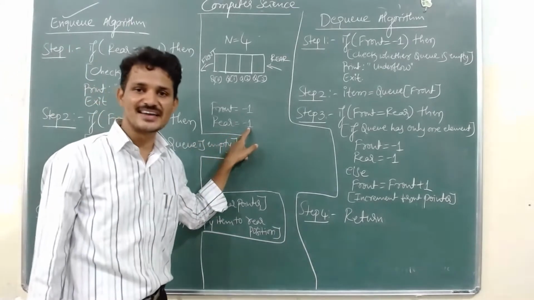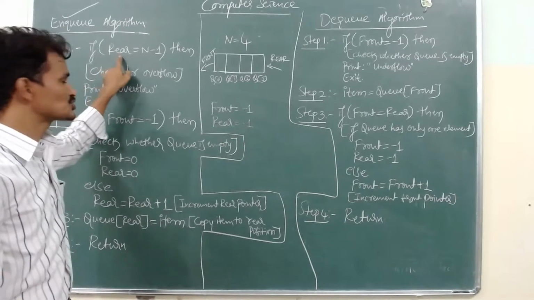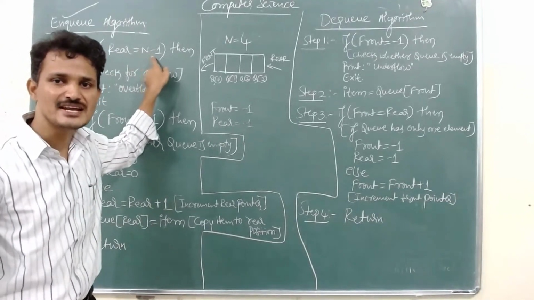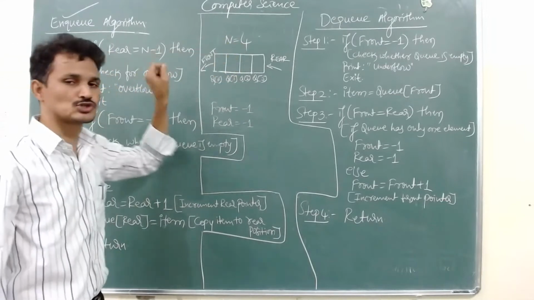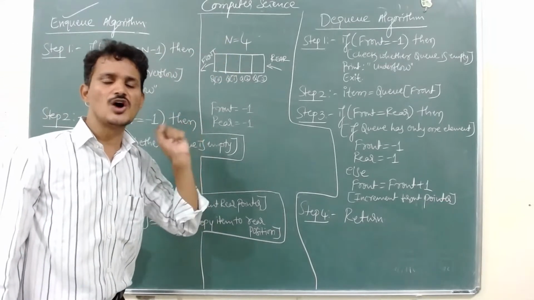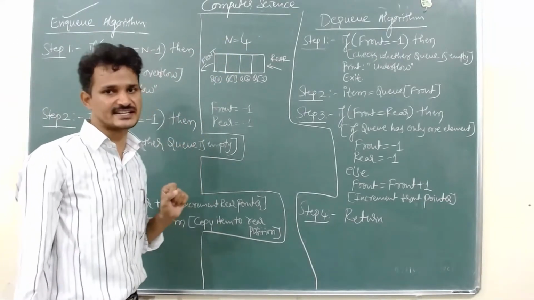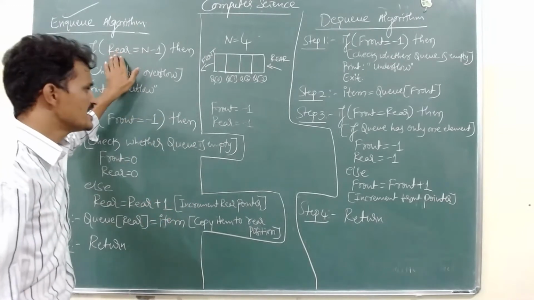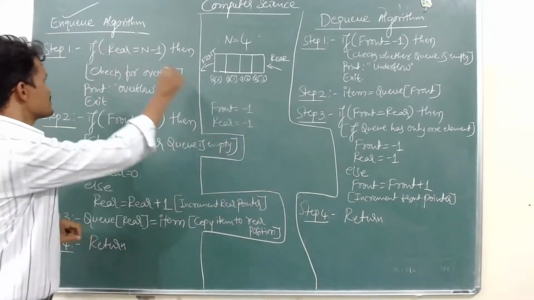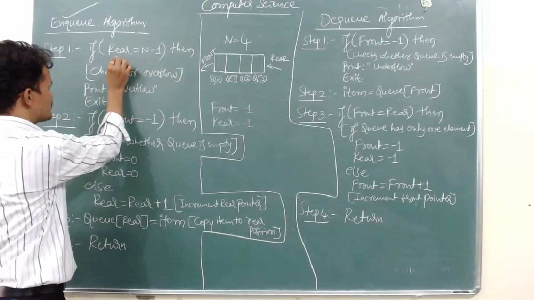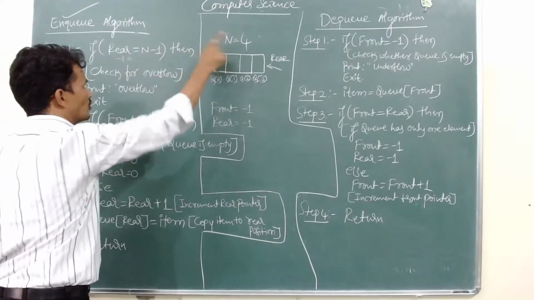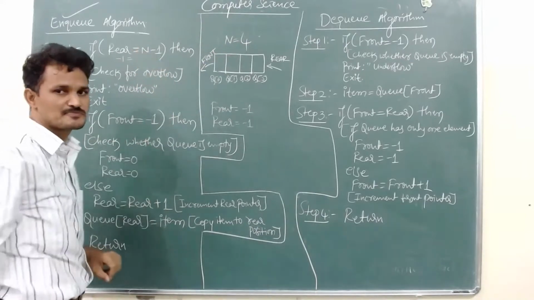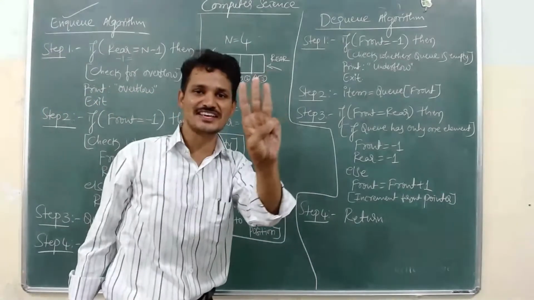Minus 1 is equal to n minus 1, where n is 4, and 4 minus 1 is 3. Now I'll substitute the values in this condition. Rear is minus 1, so minus 1 is equal to 4 minus 1, which is 3.